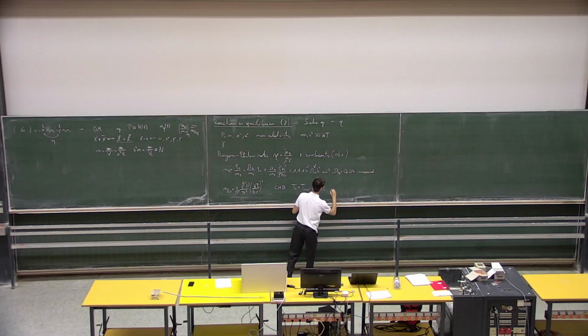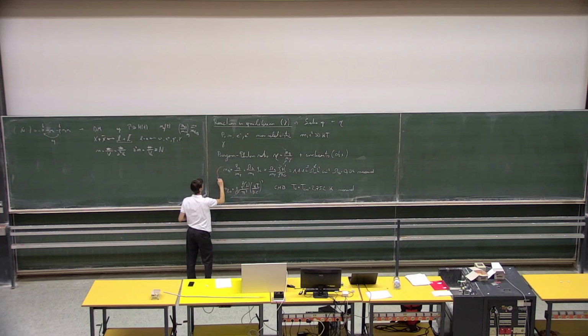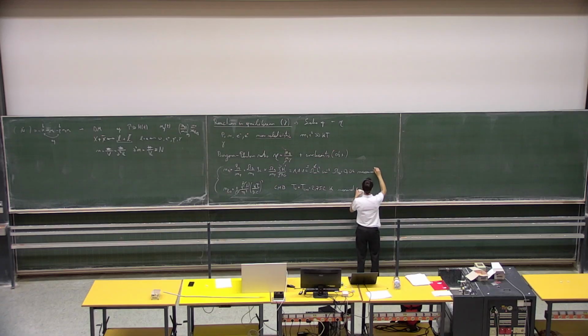2.752, etc., Kelvin. And also this one is measured. And what we do, we just plug these two numbers together, and what we obtain is that nu is equal to 2.7 times 10 to the minus 8 h to the power of 2.